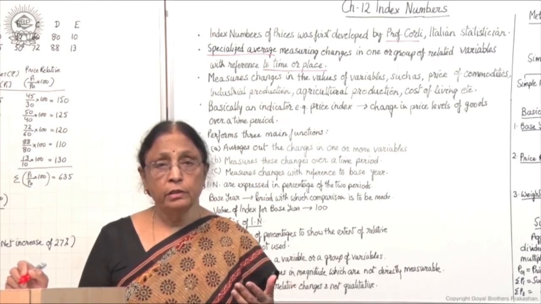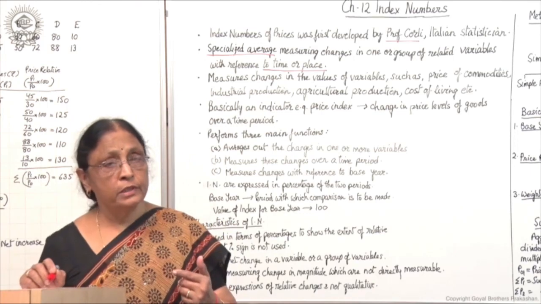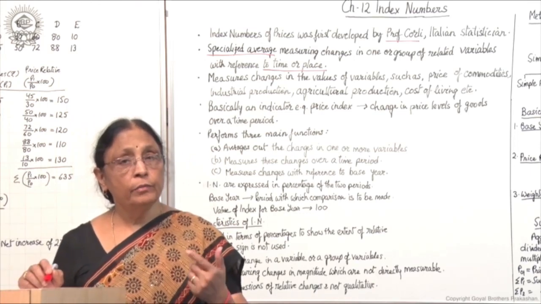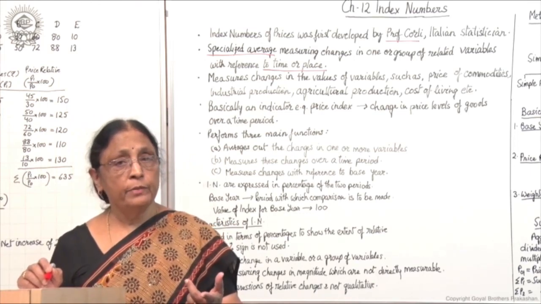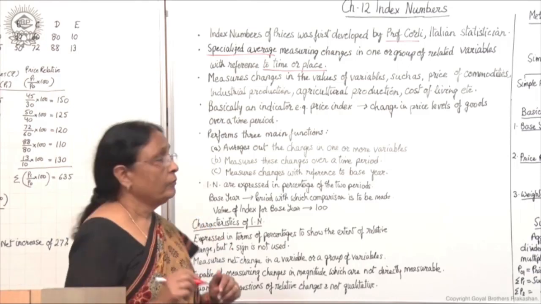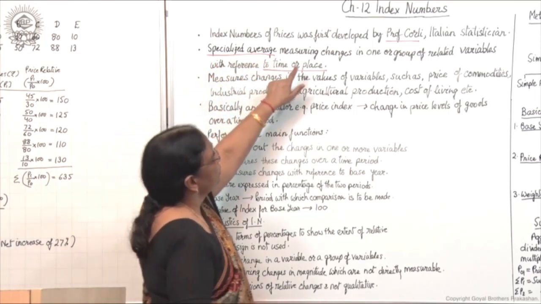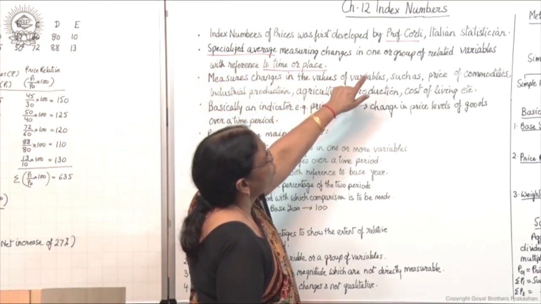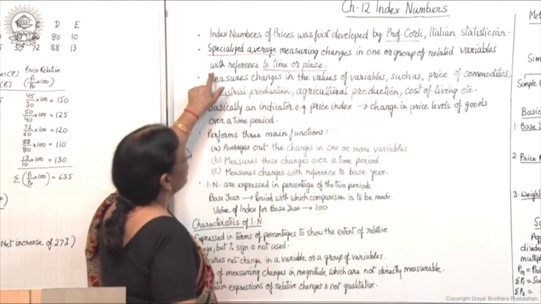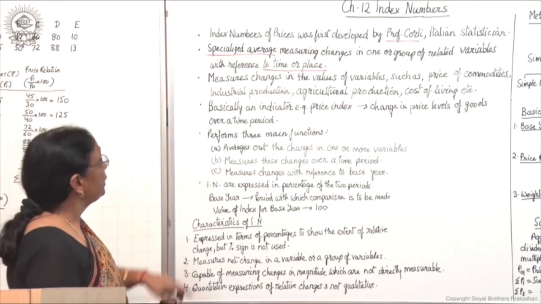Time here does not mean time in hours or minutes, it means time in a particular year. That means time period, here we measure the changes in a particular year. So index numbers are a specialized average measuring changes in one or a group of related variables with reference to time or place, right?